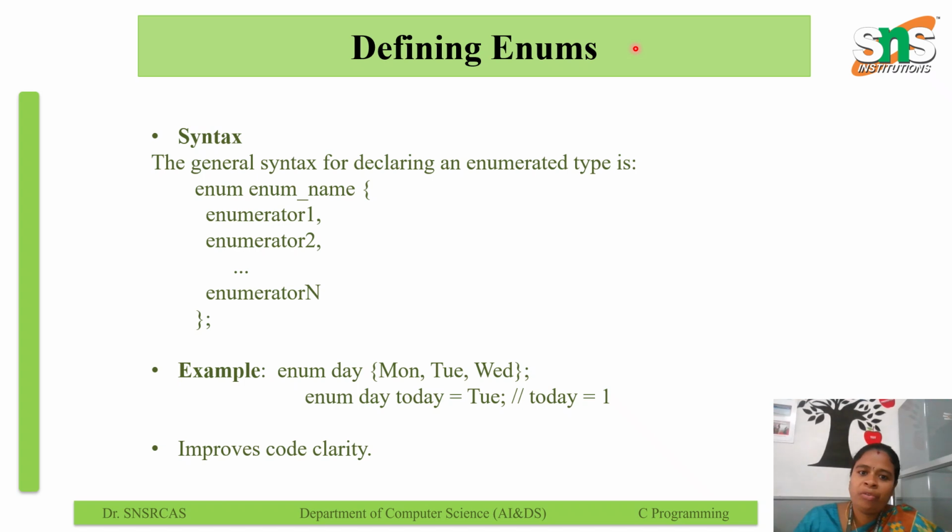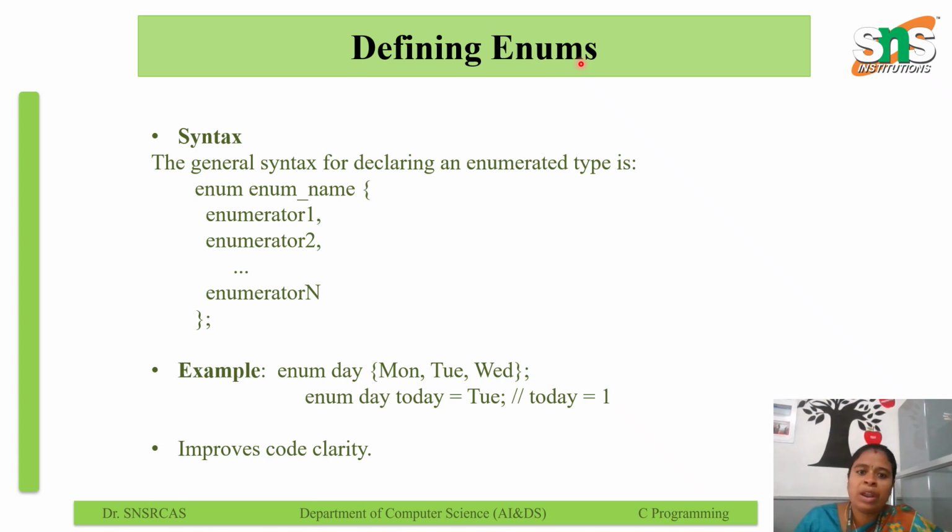If omitted, you can create an anonymous enum. Enumerator 1, 2 and n are the names of the integer constants within the enum. By default, the enumeration assigns integer values starting from 0 and incrementing by 1 for each subsequent enumerator.